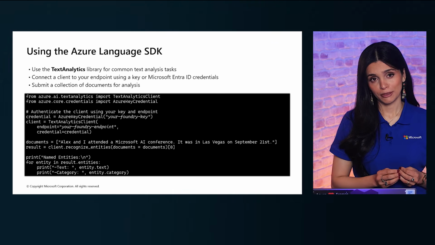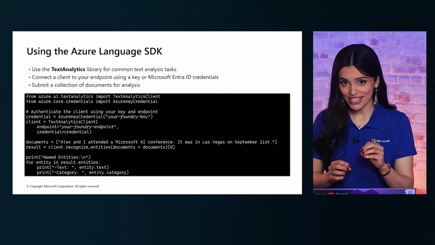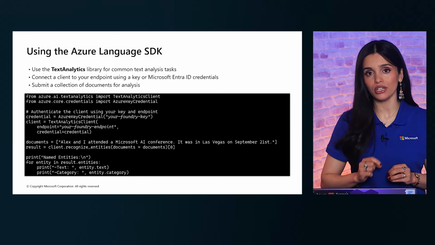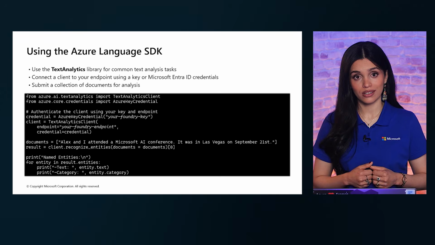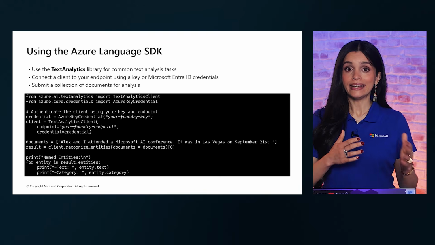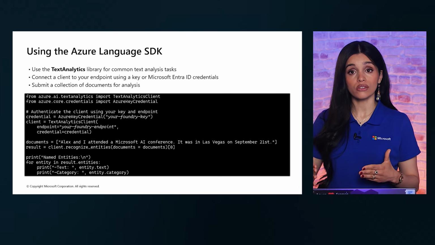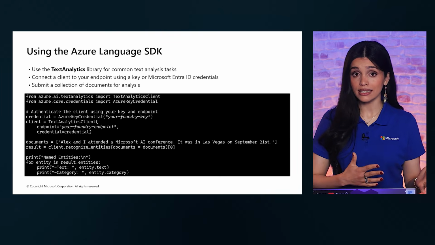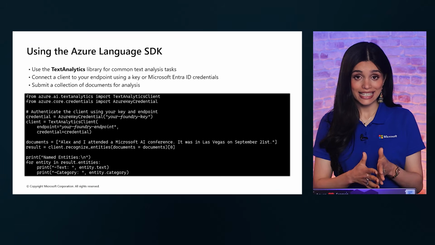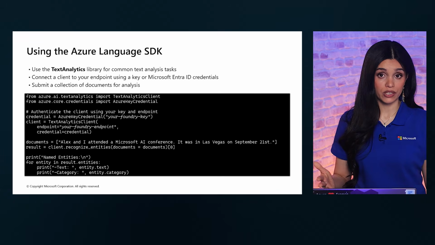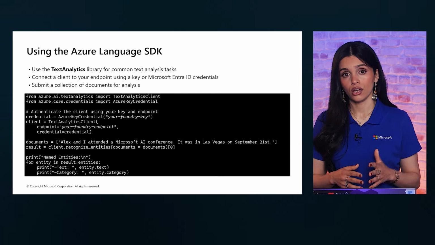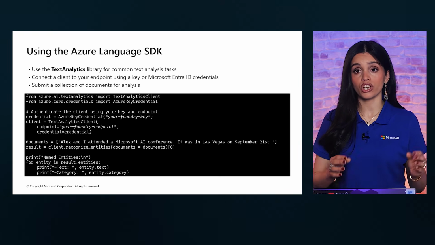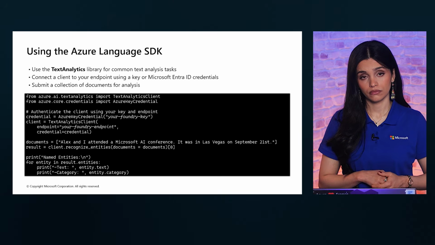This is important. Azure Language tools are designed to work with documents, and they scale easily to many documents at once. Next, the application calls recognize entities. This sends the document to Azure Language, which runs named entity recognition automatically. No prompts, no creativity, just structured analysis.